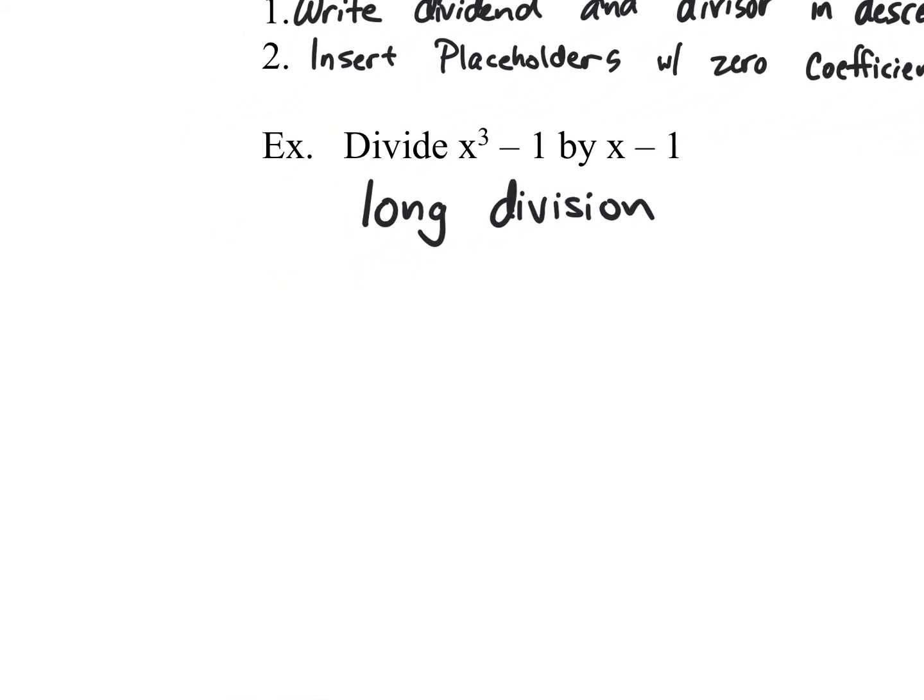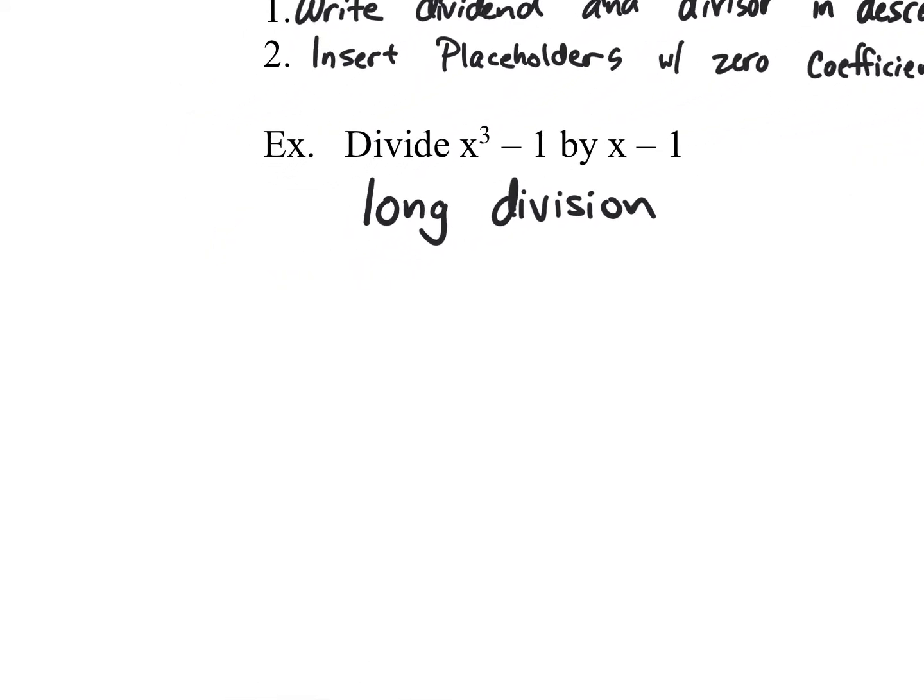So here we are going to divide x to the third minus 1 by x minus 1. So when we write this, our dividend will go in as x to the third plus 0x squared plus 0x minus 1.